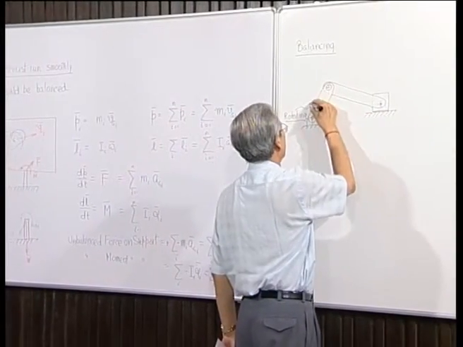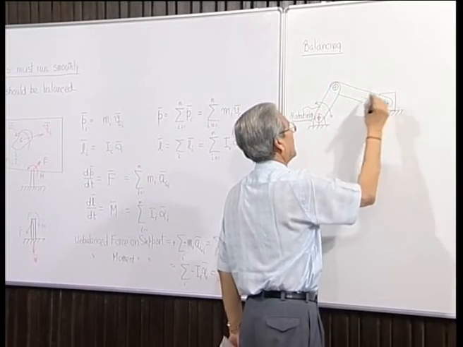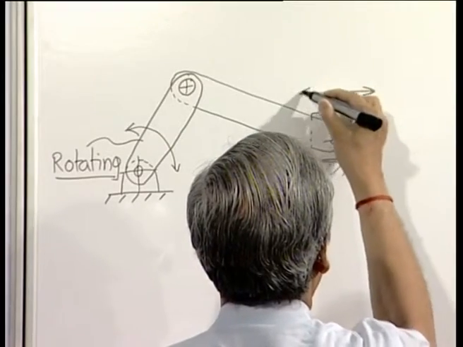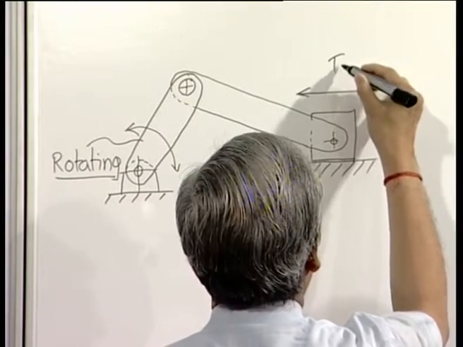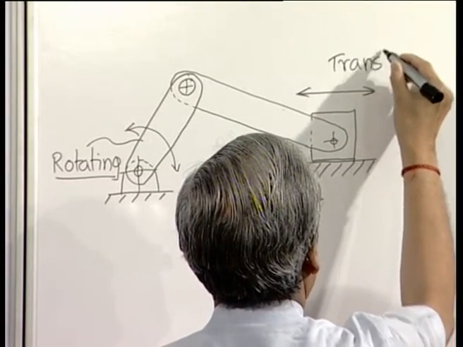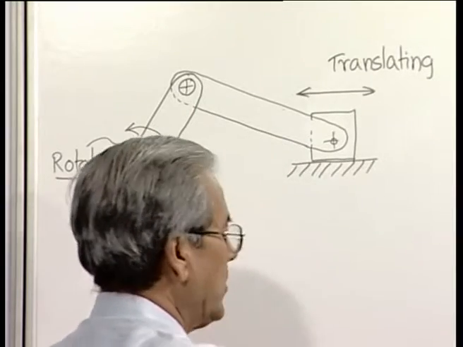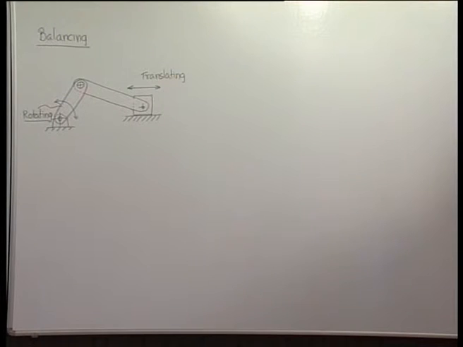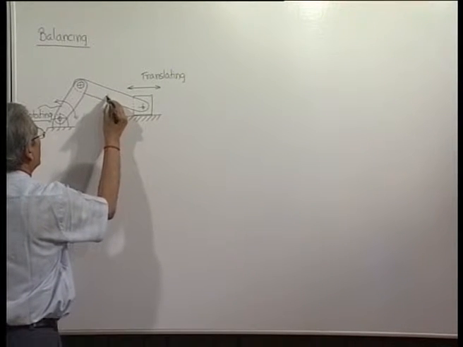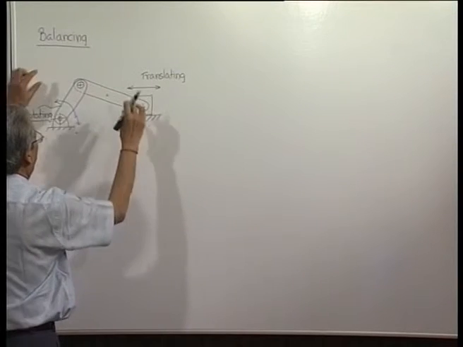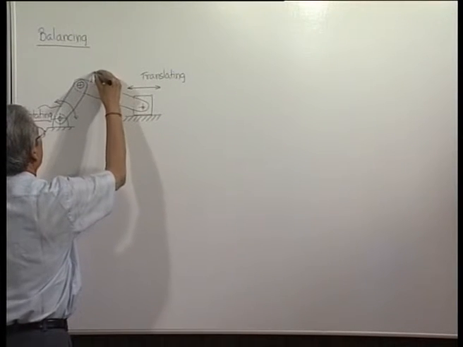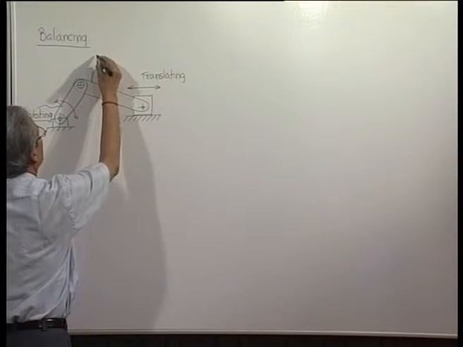Similarly, this block also executes a simple type of motion that we call pure translation. But the problematic component is this one, which has both a translation and a rotation. So, it is a combined motion, and this we call the floating member.